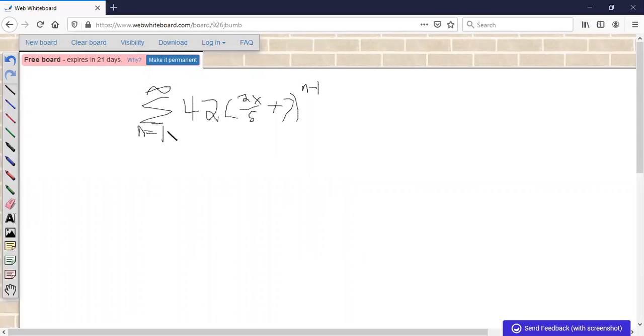So here, it doesn't really matter where this starts. I could start this at n equals 4, and it would do the same thing. I could start this at n equals 11. It would do the same thing. I could start this at n equals 0. It would do the same thing. Similarly, it doesn't matter that this is n minus 1. It could be n minus 100, and it wouldn't matter.